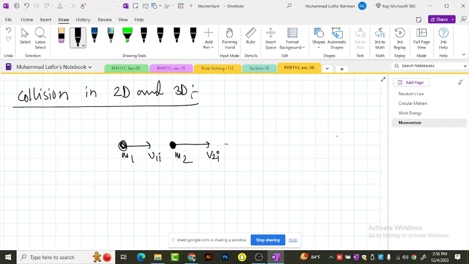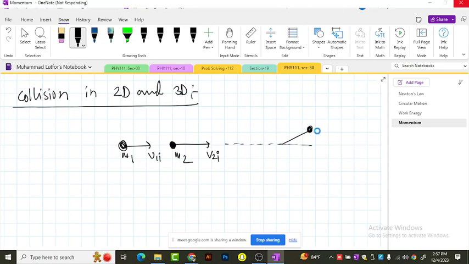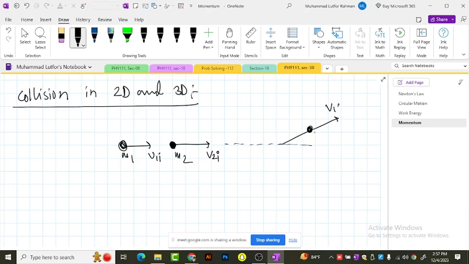So after it makes a head-on collision over here, that means their momentum is in the same direction. So after the collision, what happened? This one moves with V1f. This is M1, and it makes an angle theta 1 over here.